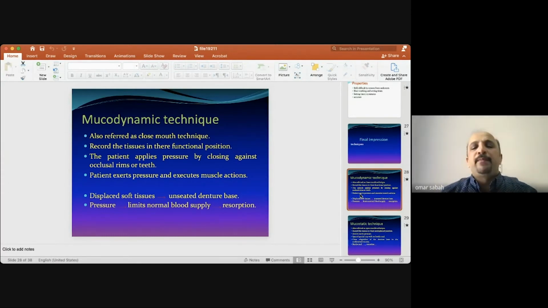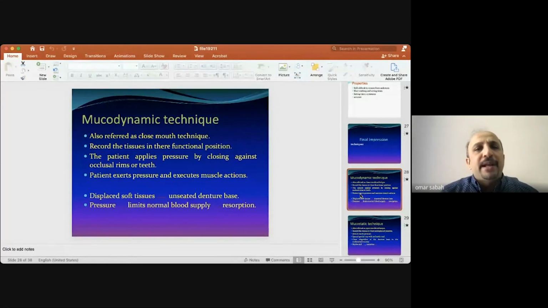By this way, when you put the denture in a normal way, you may have problems or trauma to the soft tissues, because you already have pressure in this area and you recorded it the wrong way. And don't forget the thickness of the mucosa during the pressure will also be different.